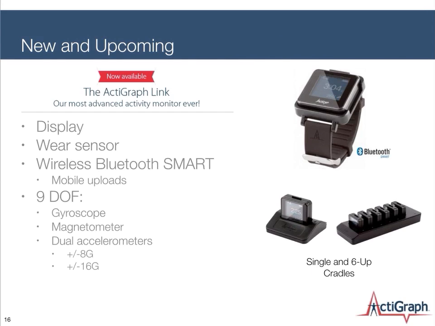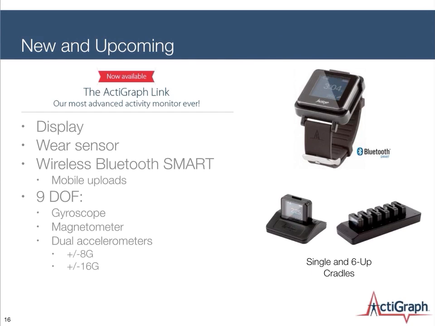It does have built-in wireless Bluetooth Smart or Bluetooth LE, which provides us some options to connect to heart straps, perform mobile uploads, and the like. But most exciting for me is the fact that this device is a 9-degree of freedom device, providing a gyroscope, magnetometer, and dual accelerometers built into the device directly, which is going to provide for our research customers a lot more options and a lot more features to pull from when developing these free living algorithms.